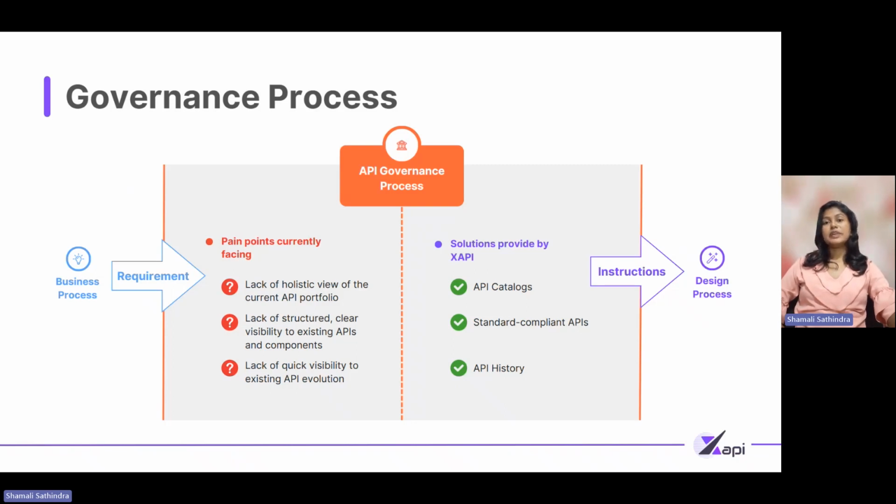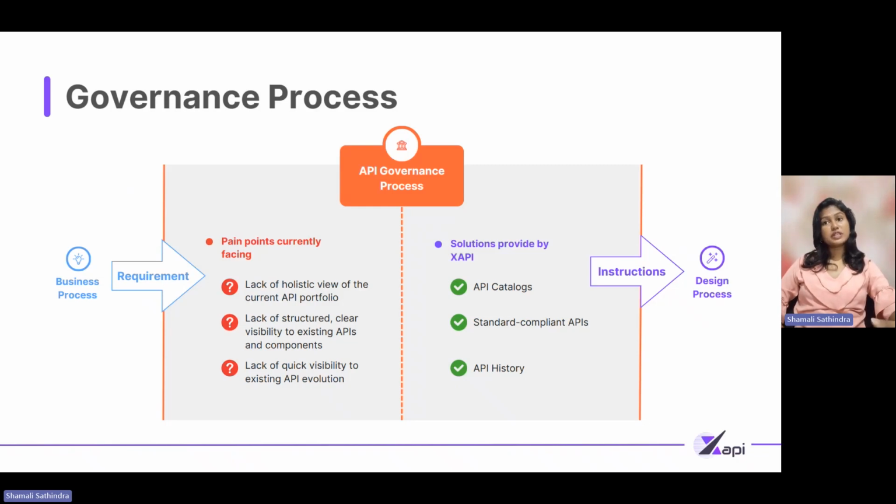For instance, the API governance team, when given new requirements, must check the validity of those requirements and how well they fit against the existing API portfolio. For that, they will have to invest a lot of time searching for similar APIs, because there is no structured or clear visibility of existing APIs.